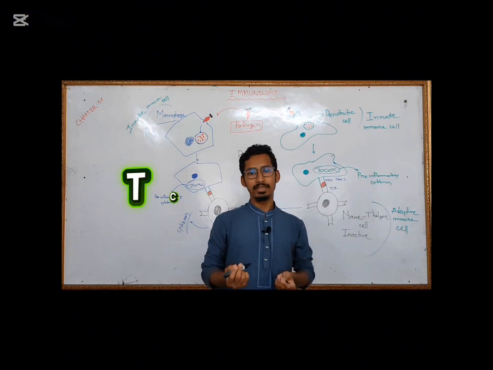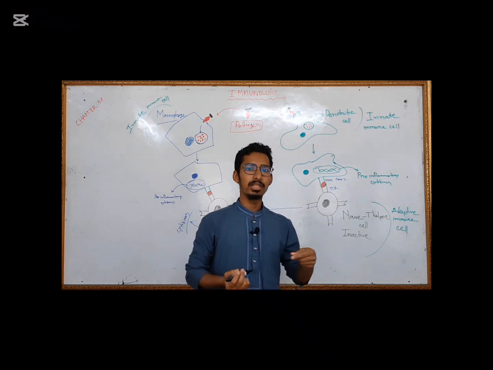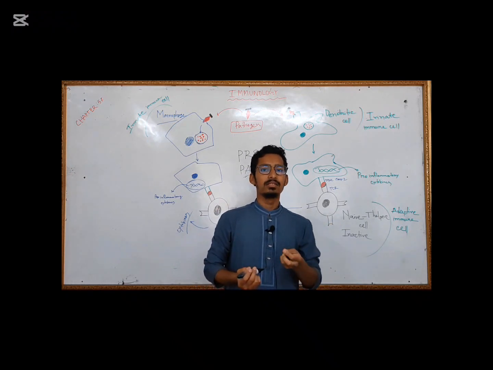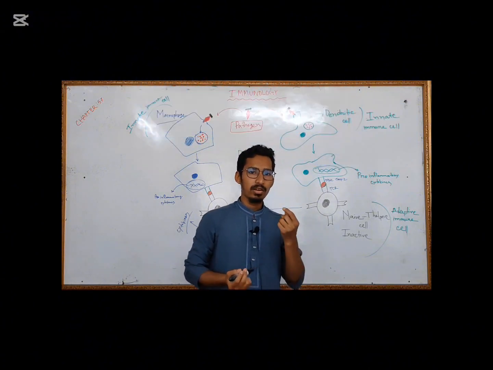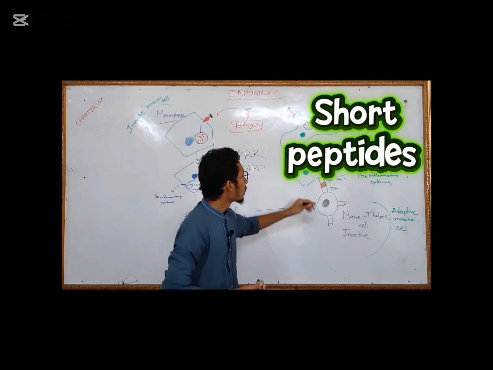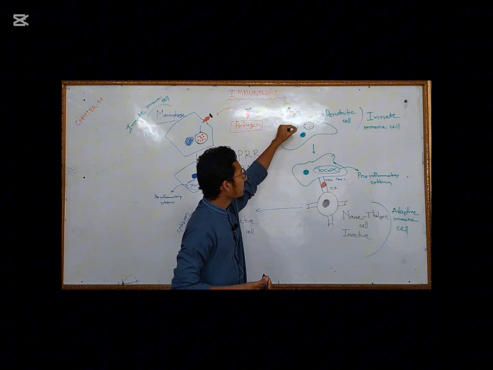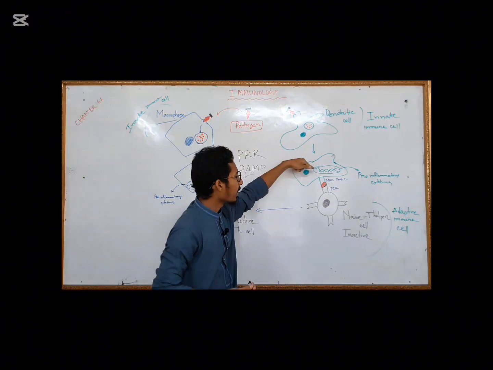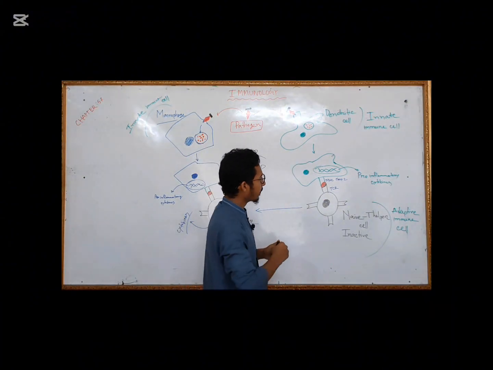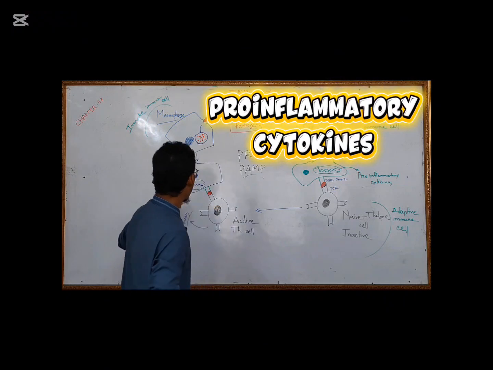T cells are activated when they identify a protein or peptide; T cells do not respond to lipid or carbohydrate. They only respond to short peptides. So the dendritic cell engulfs the pathogen, destroys it, and displays the pathogen as short peptides, and at the same time releases some pro-inflammatory cytokines.